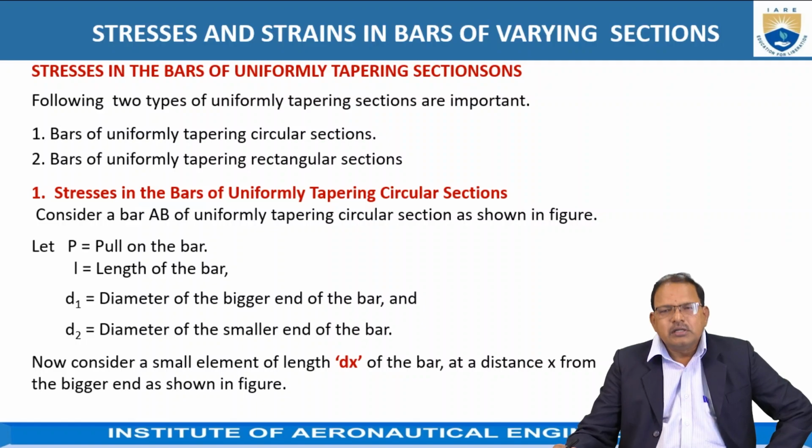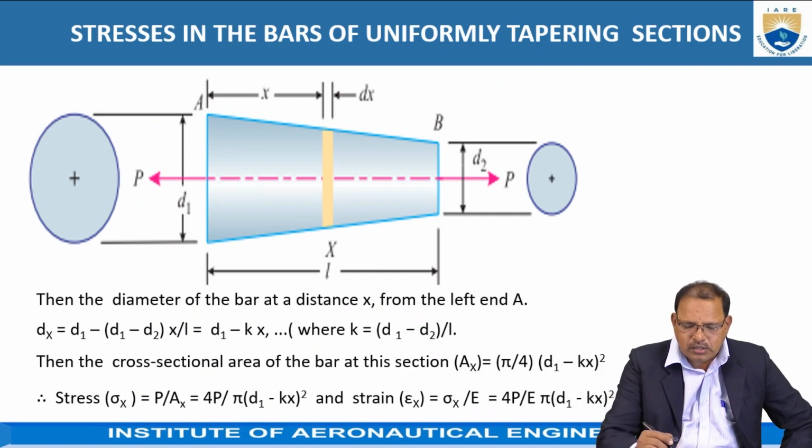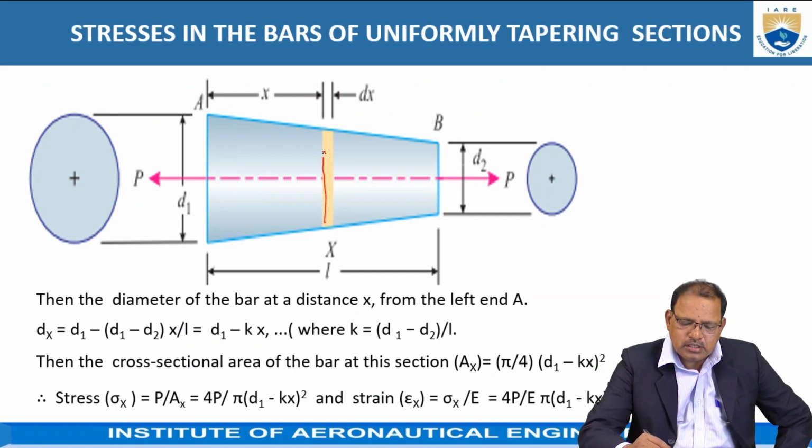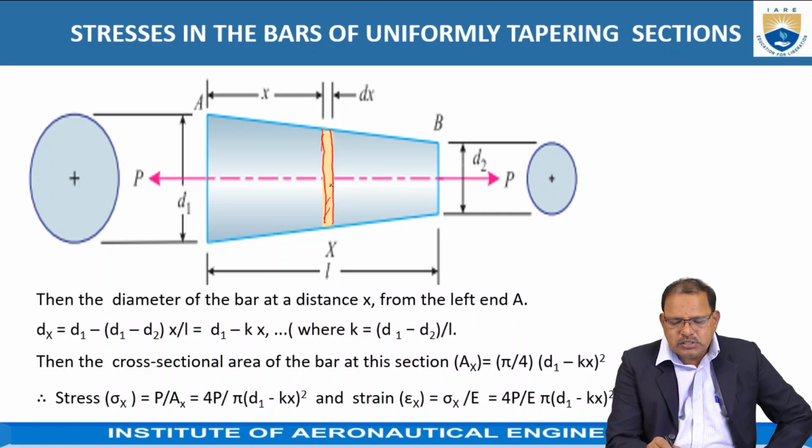Now consider a small element of length dx of the bar at a distance of x from the bigger end, as shown in the figure. This is known as a small section.